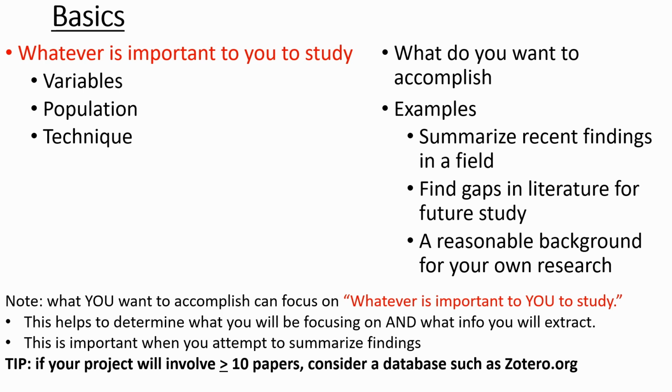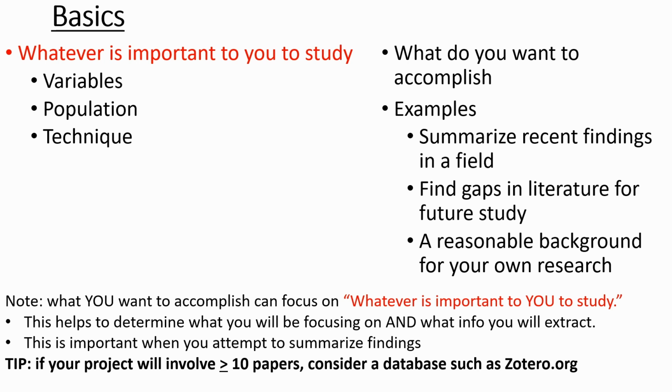The specific population I'm studying is college age students. Even that is very, very broad. You might have to narrow it down to college age students in the United States, in the Midwest United States. So, again, the more specific, the better. But that depends on what is important for you to study.